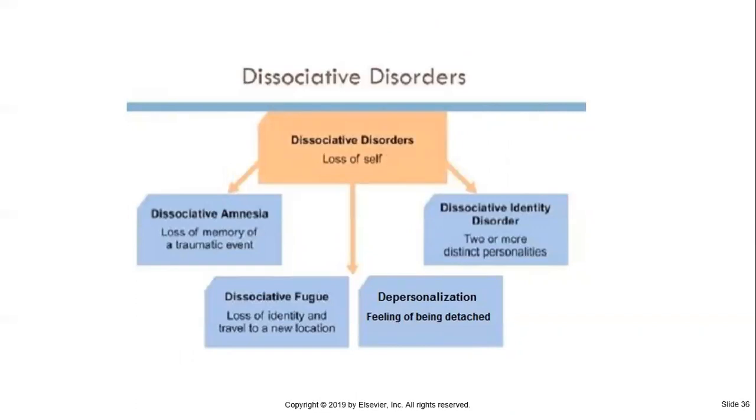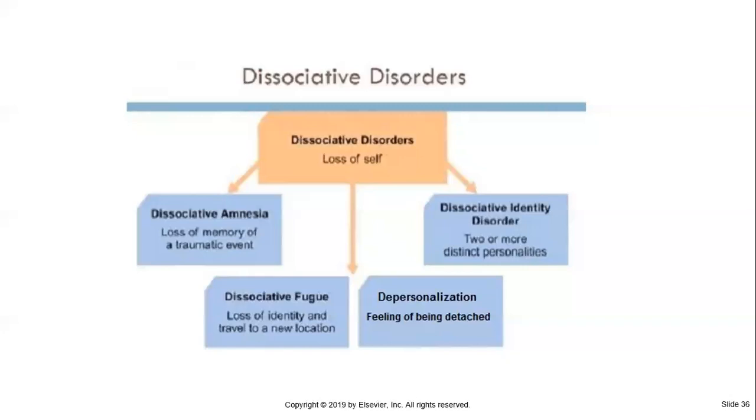What does it mean? Dissociative identity disorder was previously called multiple personality disorder. The individual exhibits two or more distinct personalities, meaning one is just the opposite of the others, but in the same person. Another is called dissociative fugue, meaning loss of identity or travel to a new place.